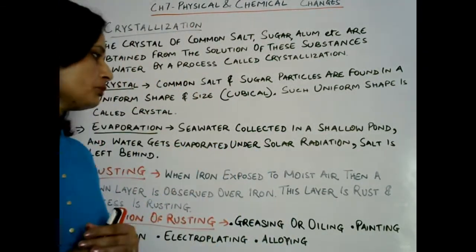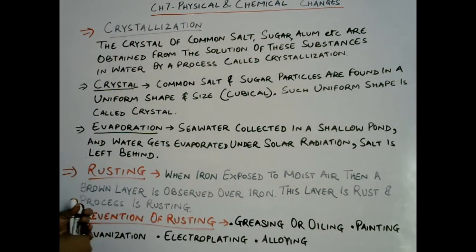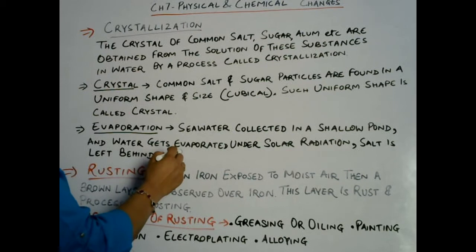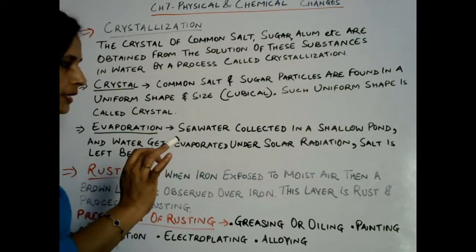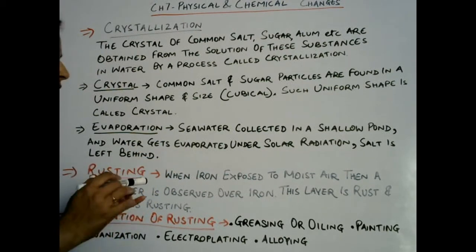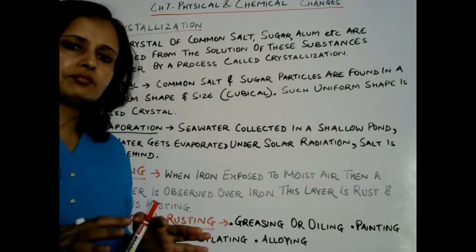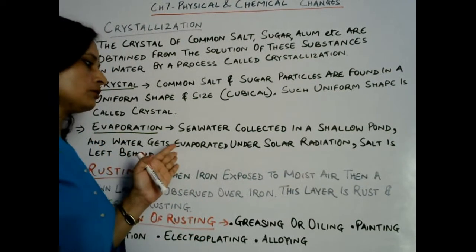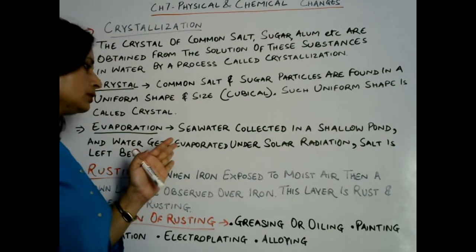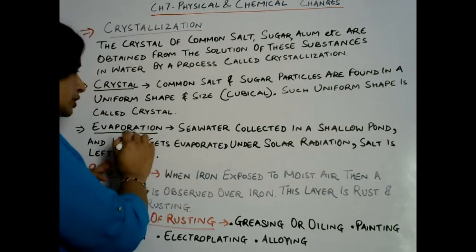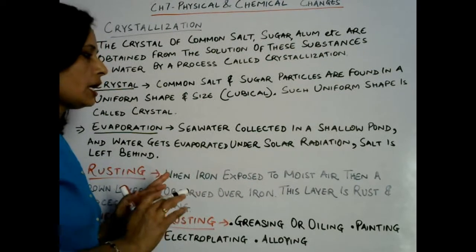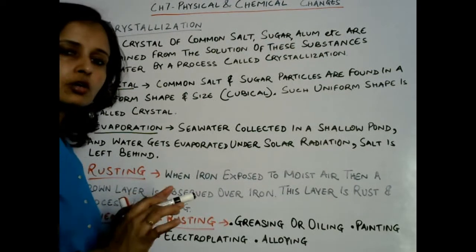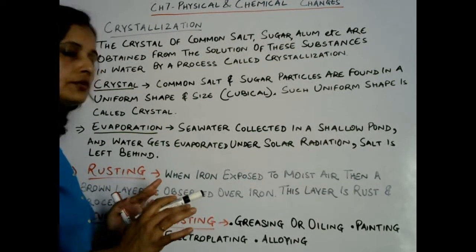The water will evaporate due to the solar radiation, and finally the crystal of salt is left in that shallow pit. Such a process of evaporating water is the process of evaporation, and then we can get the crystal of salt.